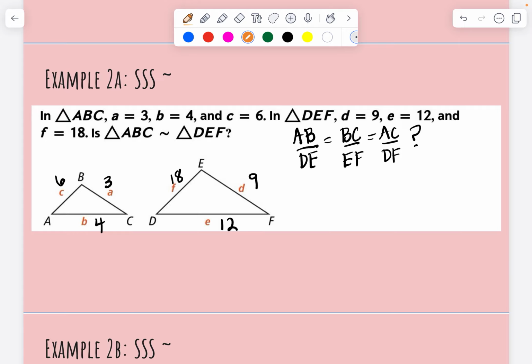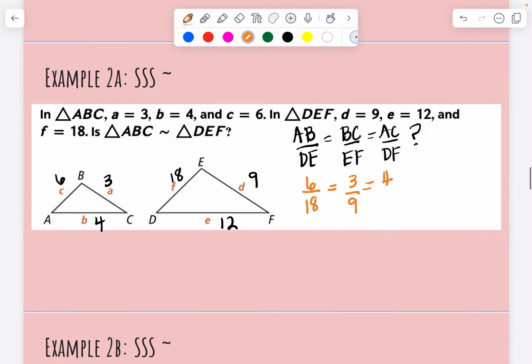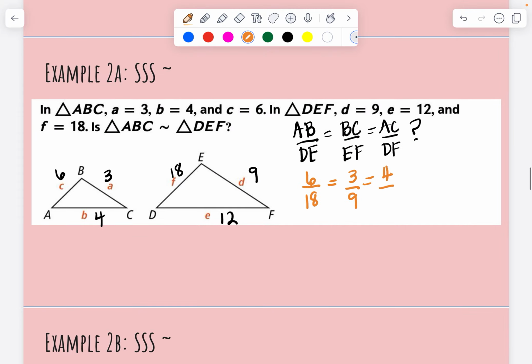AB is 6, DE is 18, BC is 3, EF is 9, and then AC is 4, and DF is 12. So is that true that they're all similar?